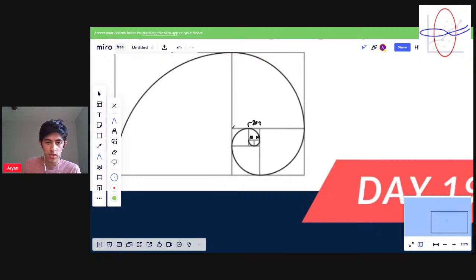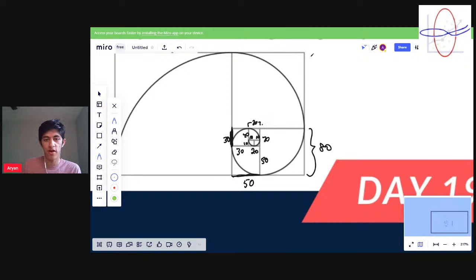Now let's look at this side length right here. This side length here is just the 20 plus 10, so this becomes 30. Now let's take a look at this side length right here. This is 30, this is 20 right here, so we get 50. Now this side length here is just 50 plus 30, which is 80.